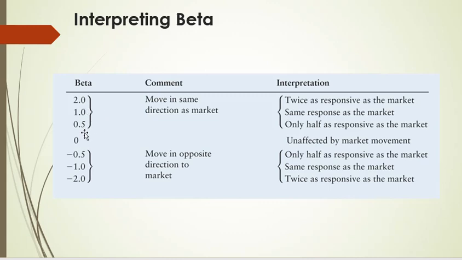A beta of 0.5 means it's only half as responsive to the market. Now, it is possible for betas to be negative, although we just don't find them very often. It is a measurement of response, but in the opposite direction. So if the beta was negative 0.5 and the stock market went up 10, the return would go down by 5.